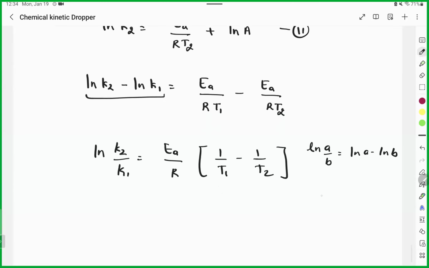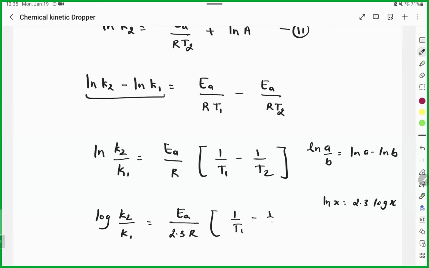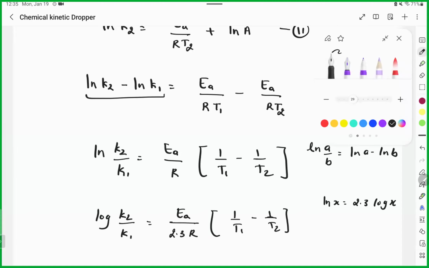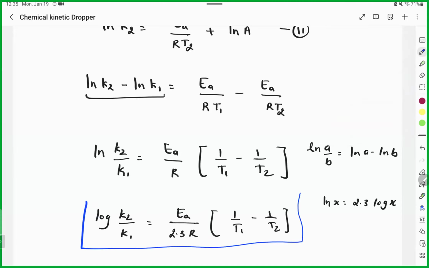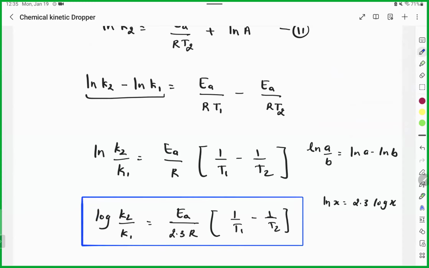Natural log X is equal to 2.303 log X. So this will be log K2 by K1, and 2.303 will go to the other side. Tell me, guys, any doubt?